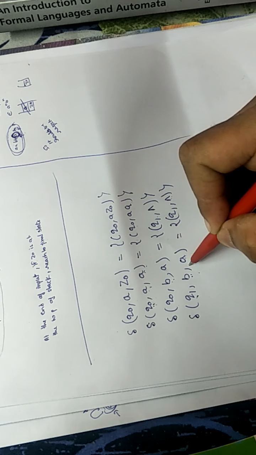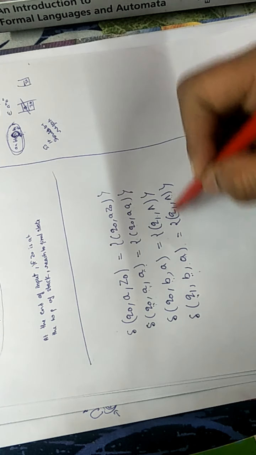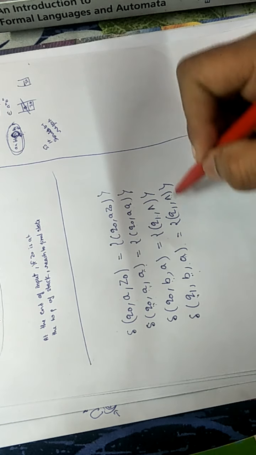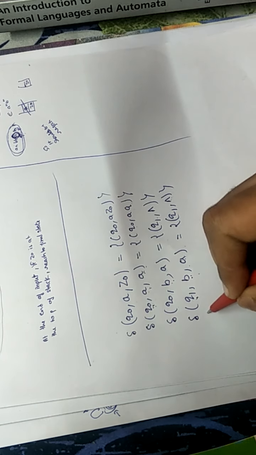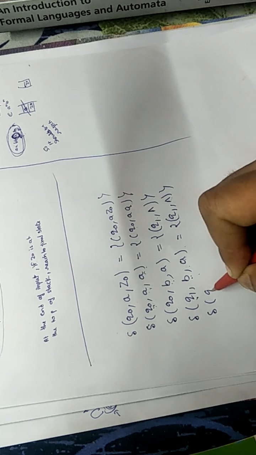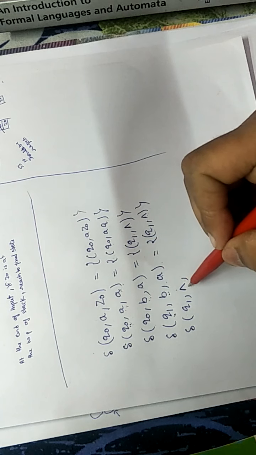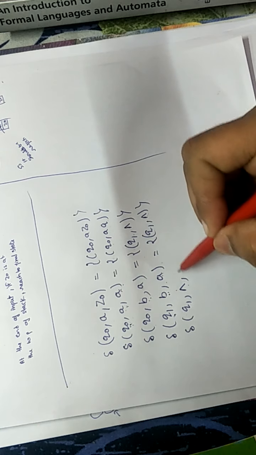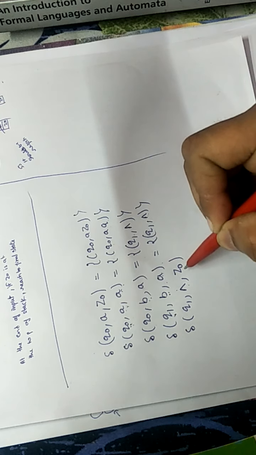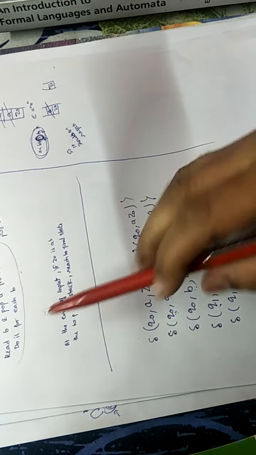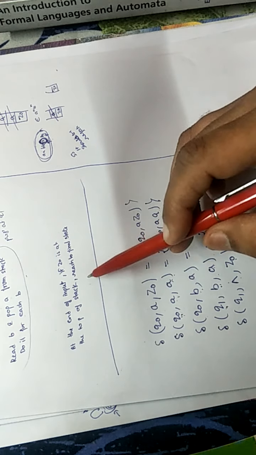After repeating this process for every B, we will reach the end of the input. When the input reaches epsilon, what will we get in the stack? We will get Z0 again. At the end of the input, Z0 is at the top of the stack.